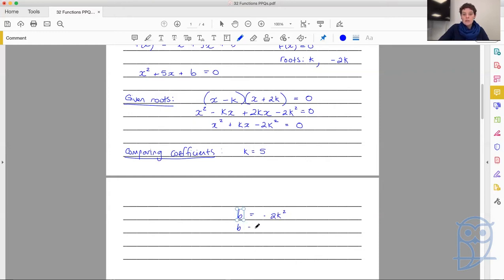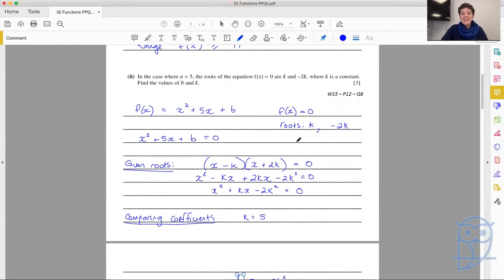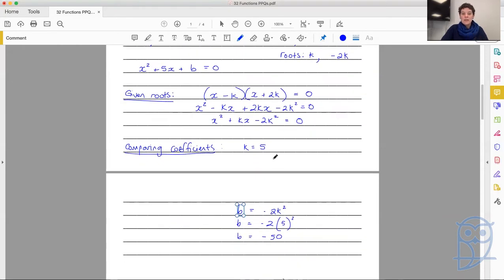So b equals minus 2 times 5 squared, b equals minus 50. So we were asked to get the values of b and k, and there they are. k is 5 and b is minus 50. So we're working from all the information that we're given in the question to get to something we can look at and in this case, compare.